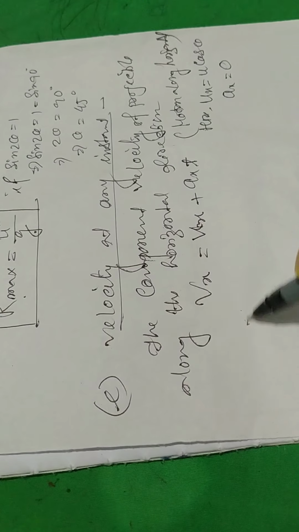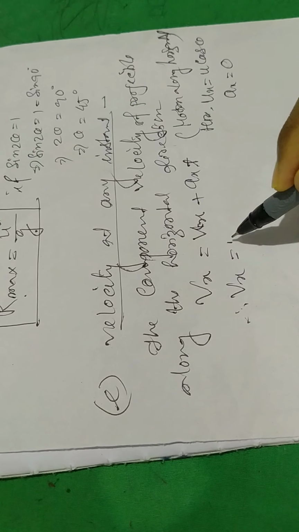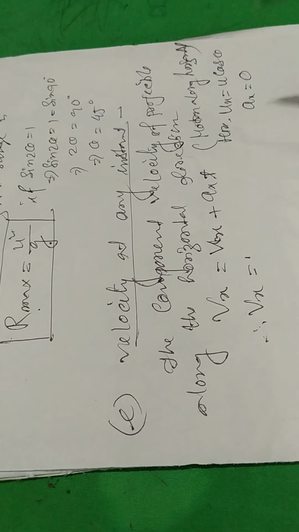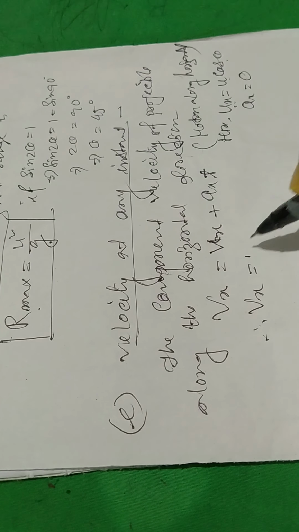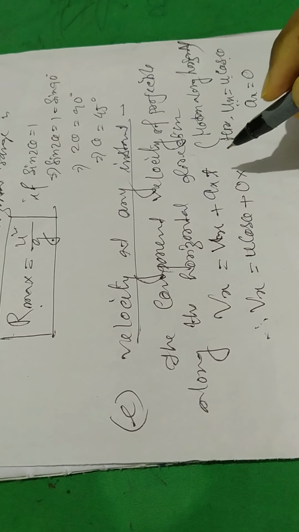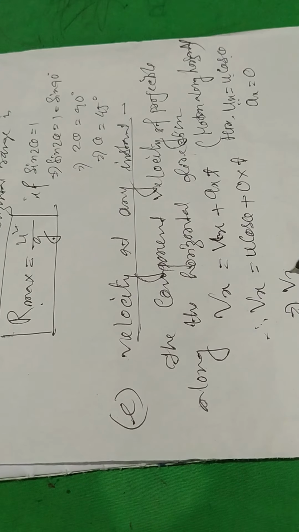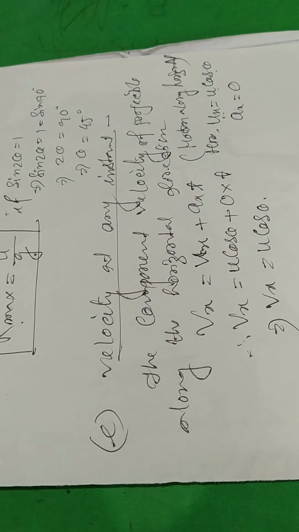Therefore, Vx equals u cos theta plus 0 into t. So Vx equals u cos theta. So the component of velocity of the projectile along the horizontal direction is u cos theta.